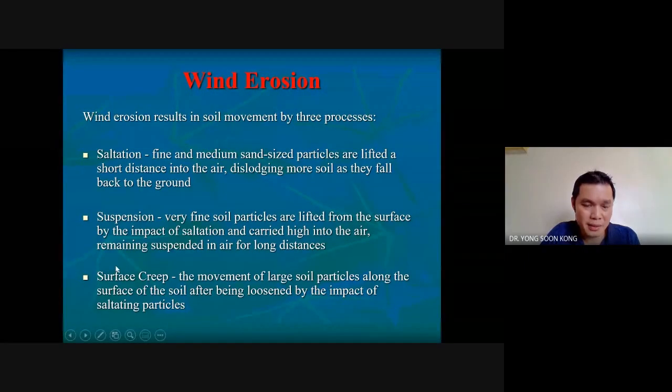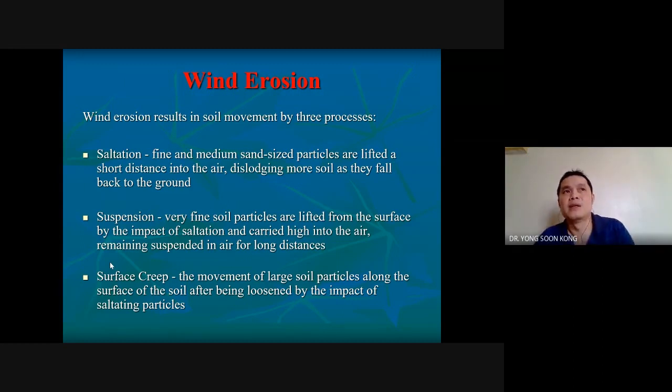And then the last one is surface creep. Now, surface creep is reserved for some larger soil particles. You cannot lift them, right? When wind comes, you cannot lift them. They will roll, very slowly, and that itself will help the wind erosion. Because why?